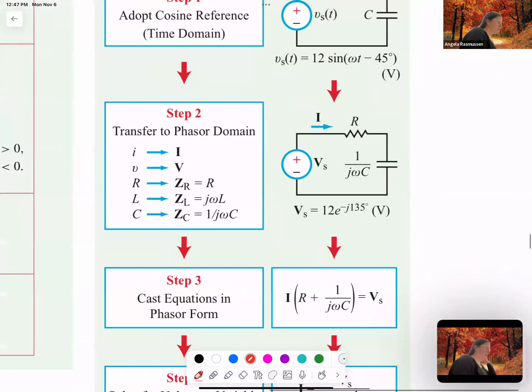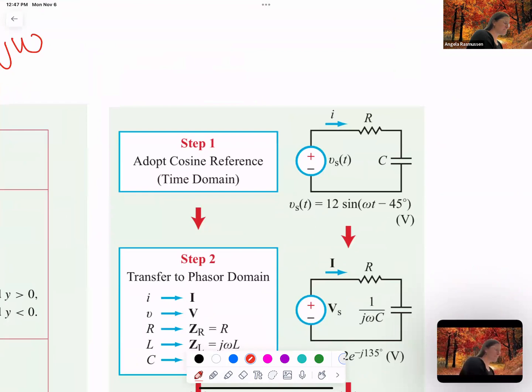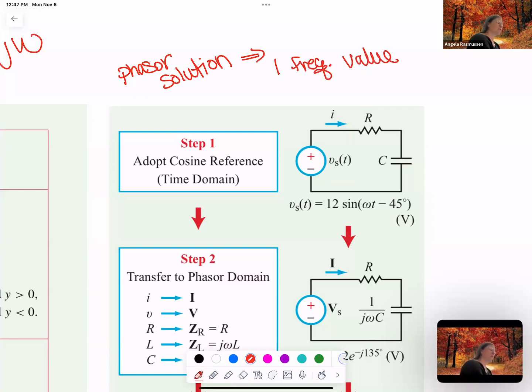Okay. So if you remember from 1240, you did phasors. And a phasor solution is for one frequency value. We just did Laplace, which was not limited to one frequency value.